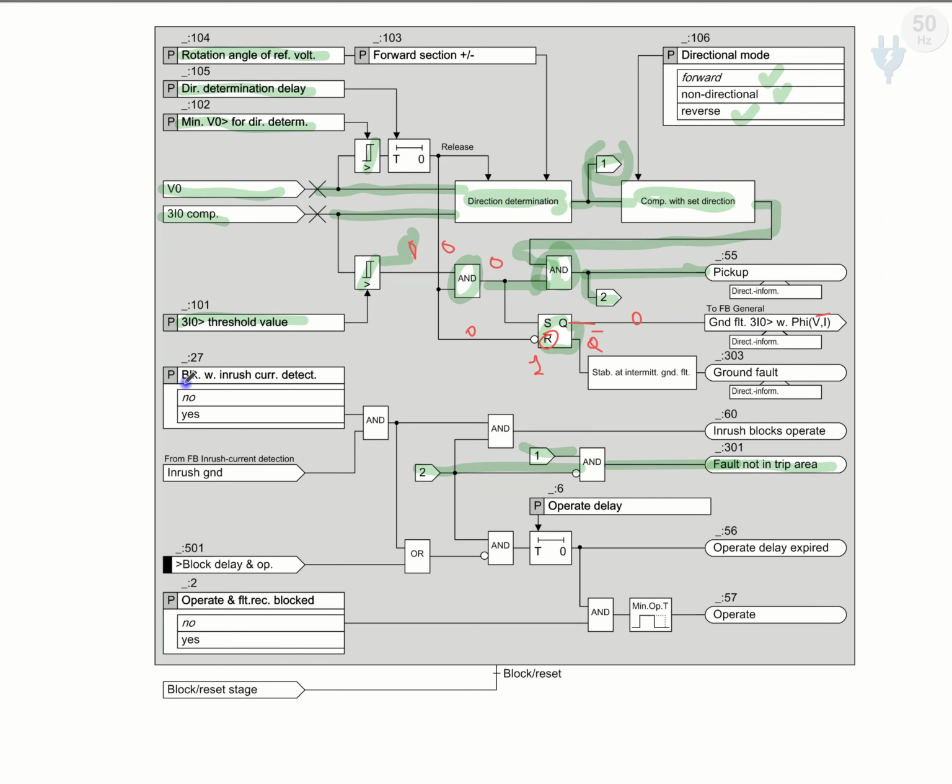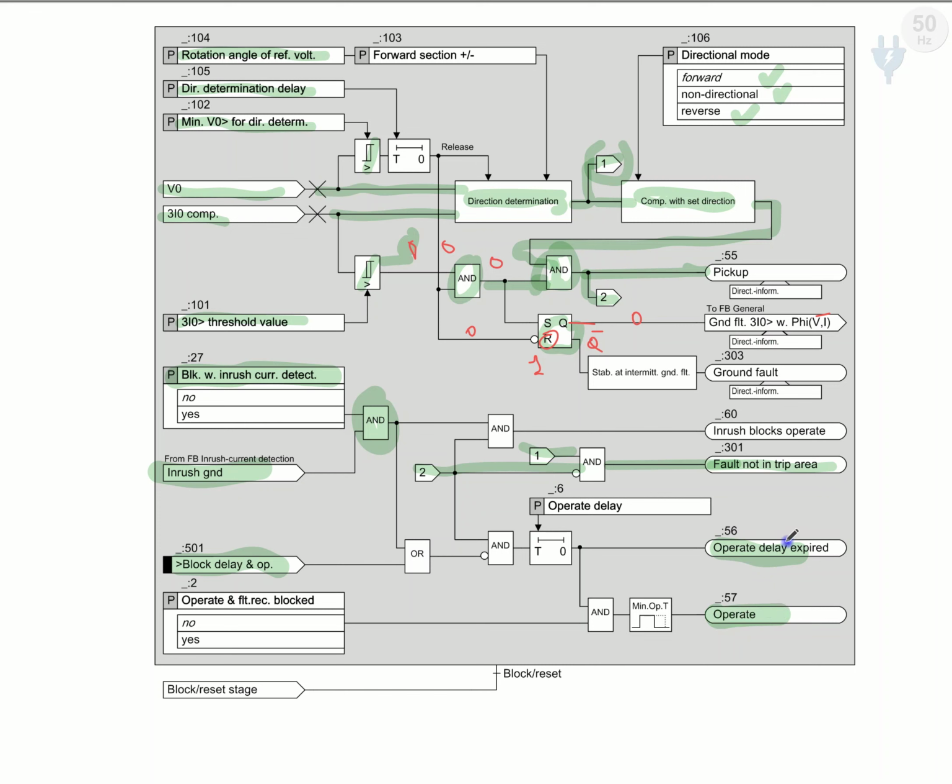Another part of the block is related to the blocking with inrush current detection. This inrush current selectivity decides whether it should block or not. If the output goes to this AND gate, it blocks the delay and operation.